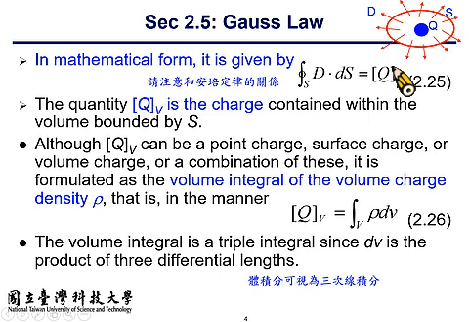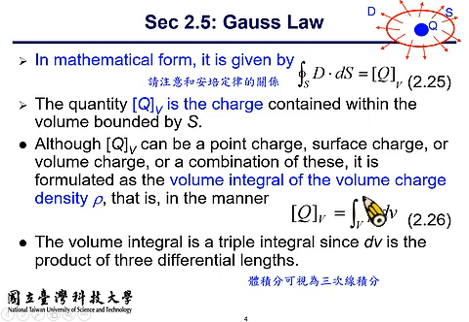So the right-hand side of equation 2.25 can be replaced with another integral, that is a volume integral. So note that in Gauss's law for the electric field, the left side is a closed surface integral of the electric flux density, and the right side is a volume integral of the charge density. The total charge can be calculated as a volume integral of electric charge within this space.